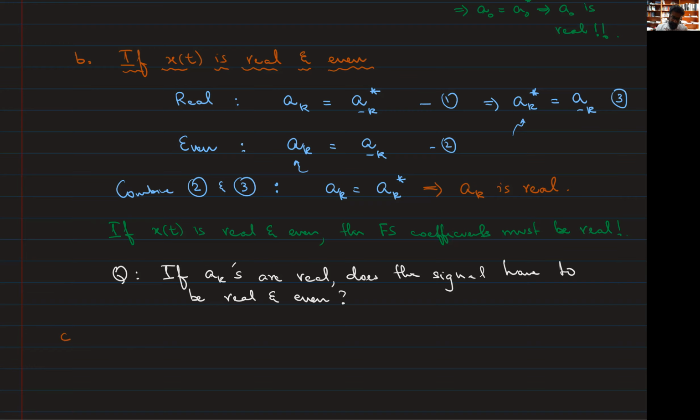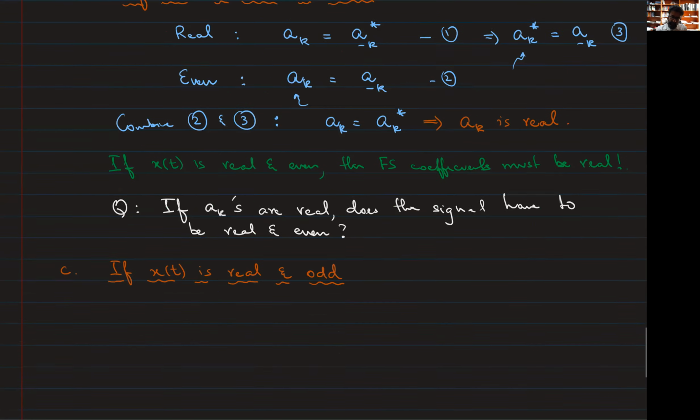Now here's the third point: if x of t is real and odd, what can we say about the Fourier series coefficients then?